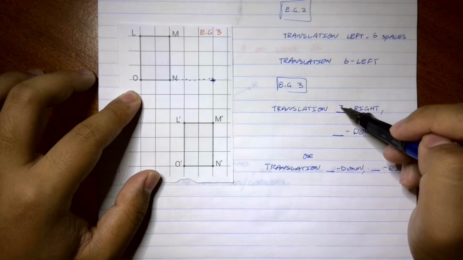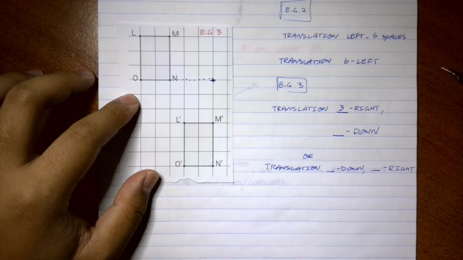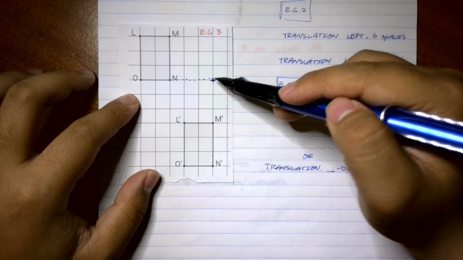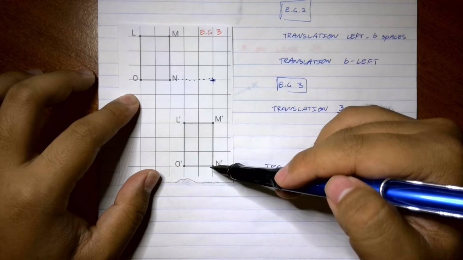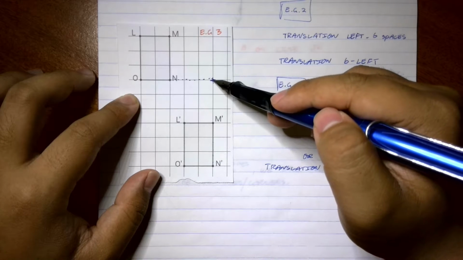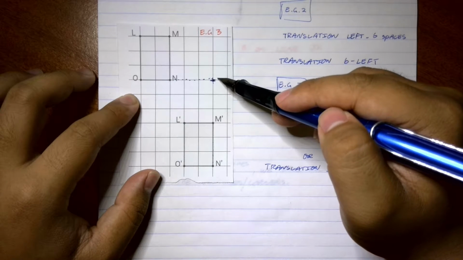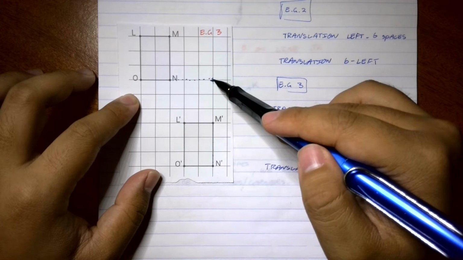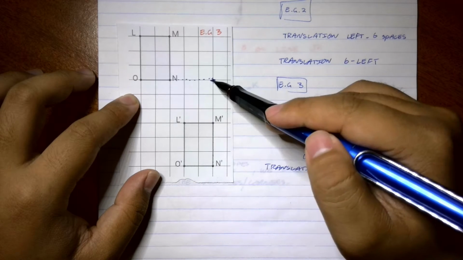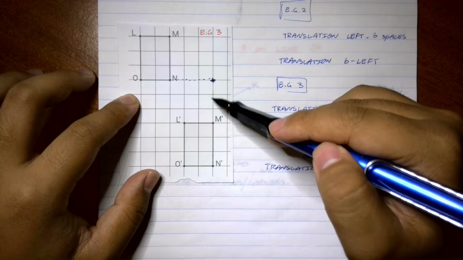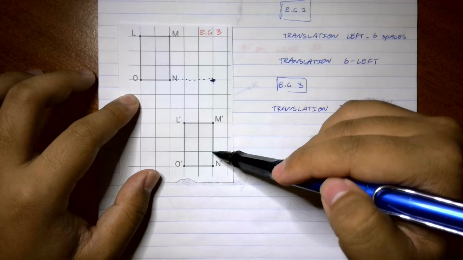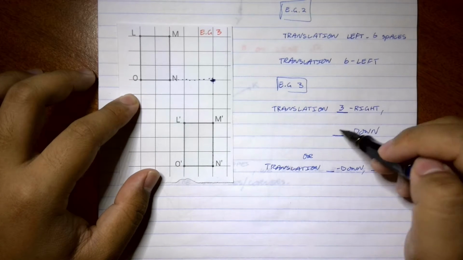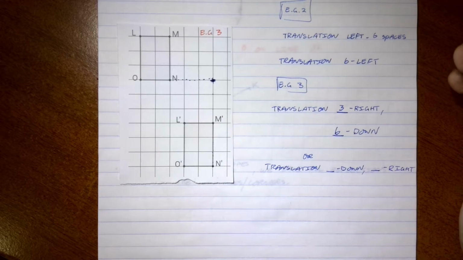So it's 3 right. And then from this very same point, we can count how many spaces it has moved down. So from here, remember this is N to N. Let's count. 1, 2, 3, 4, 5, 6 spaces down.